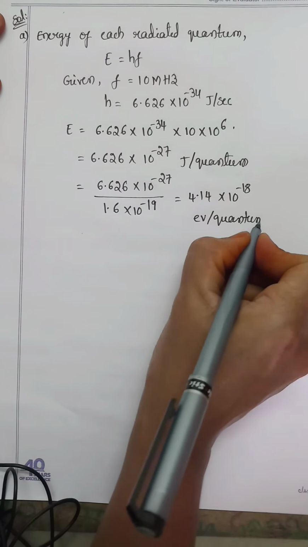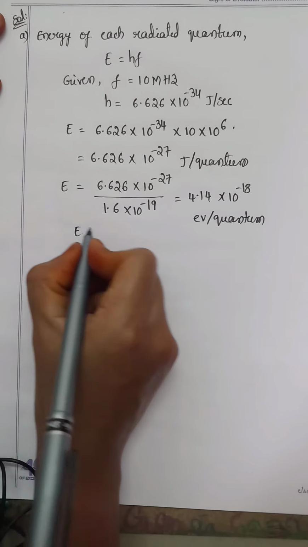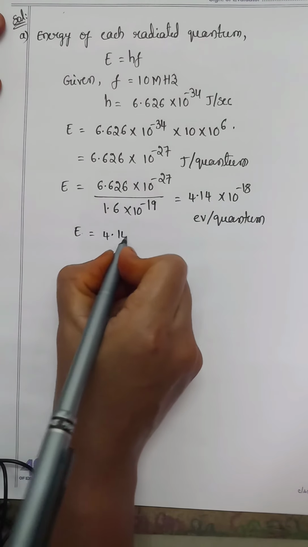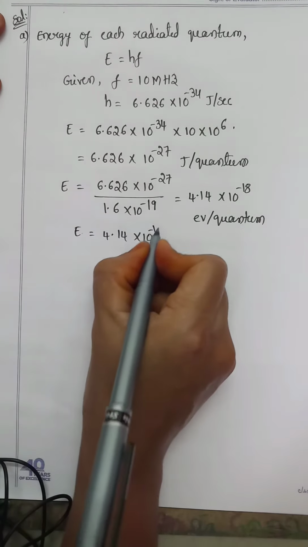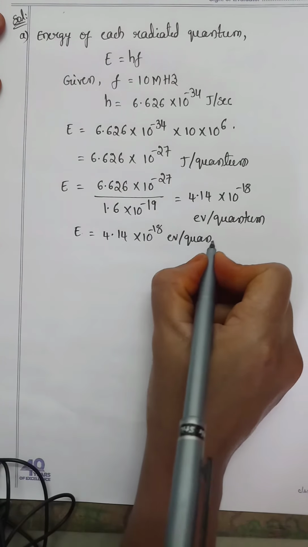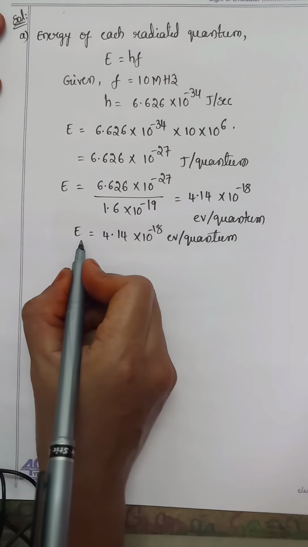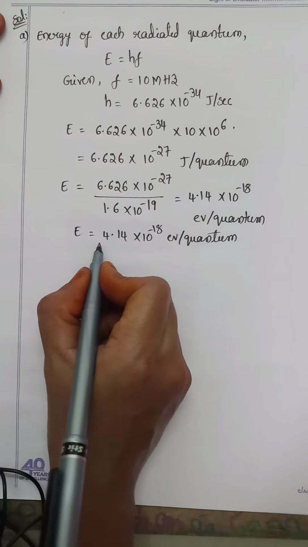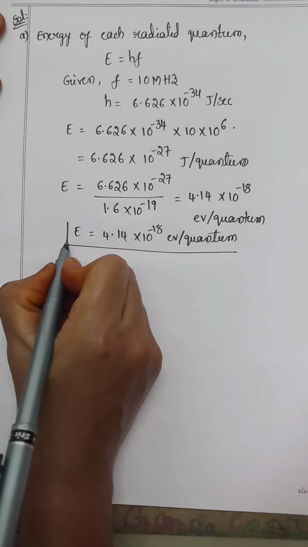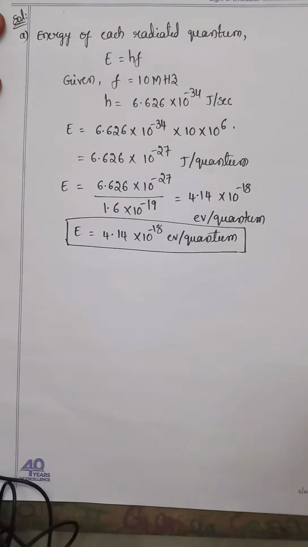This is the energy in terms of electron volts per quantum. That means the energy of each radiated quantum in electron volts is 4.14 into 10 to the power of minus 18. The first task is completed.